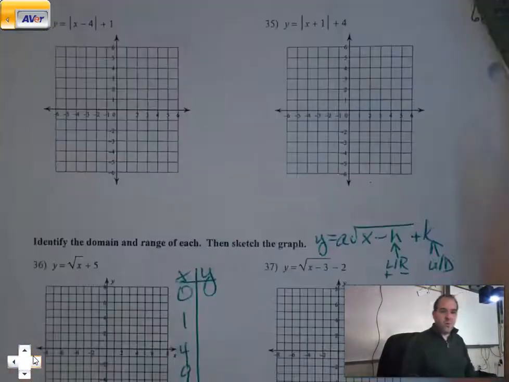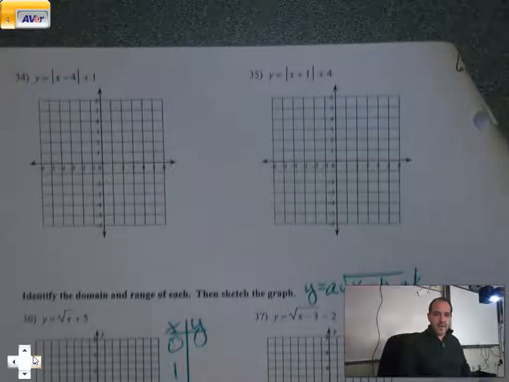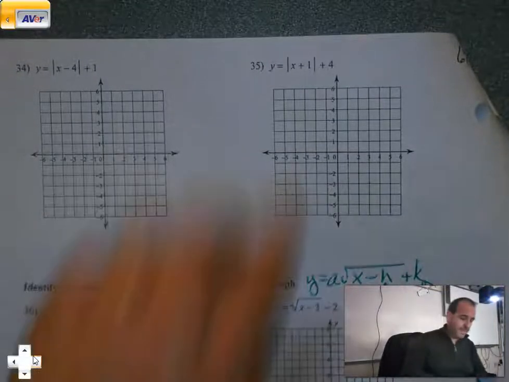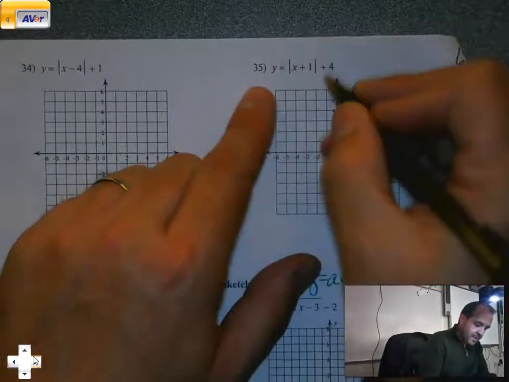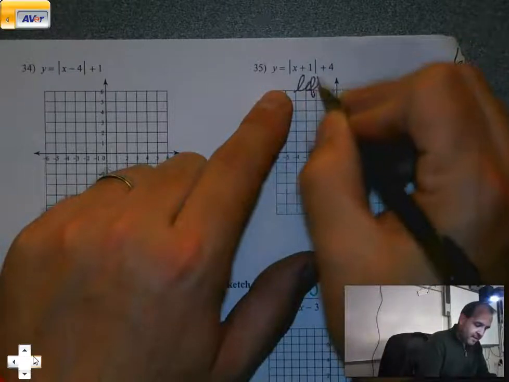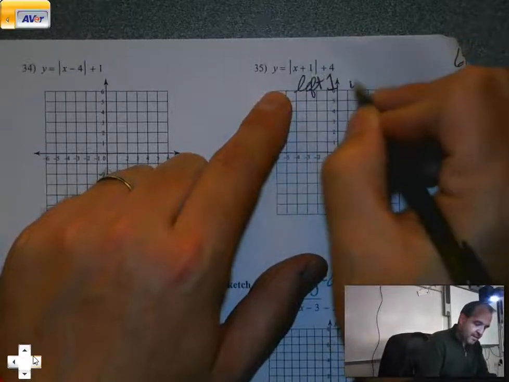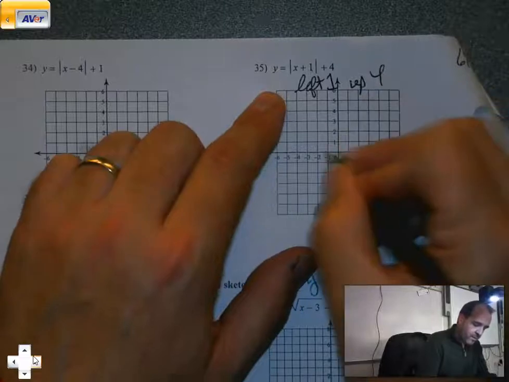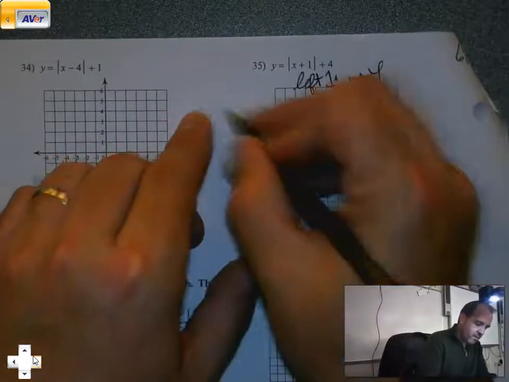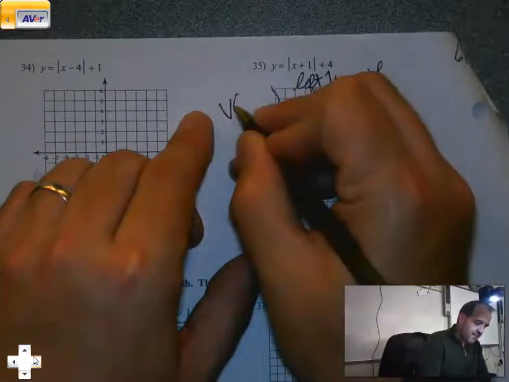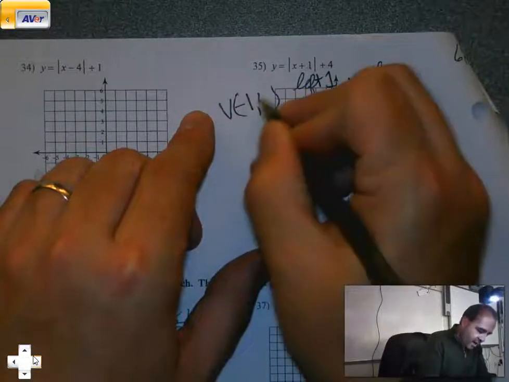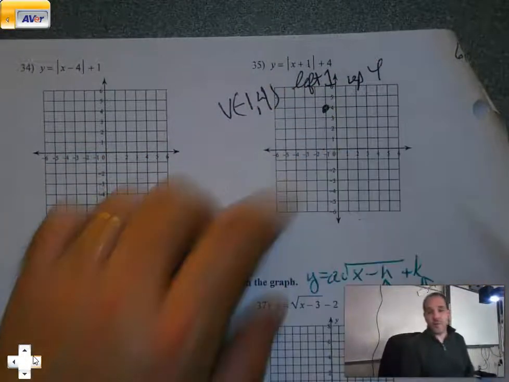Okay. One more of these. Okay. 35. So let's see here. We got left 1 inside, up 4. Vertex, left 1, up 4. Or I can just look at the coordinate point I made.